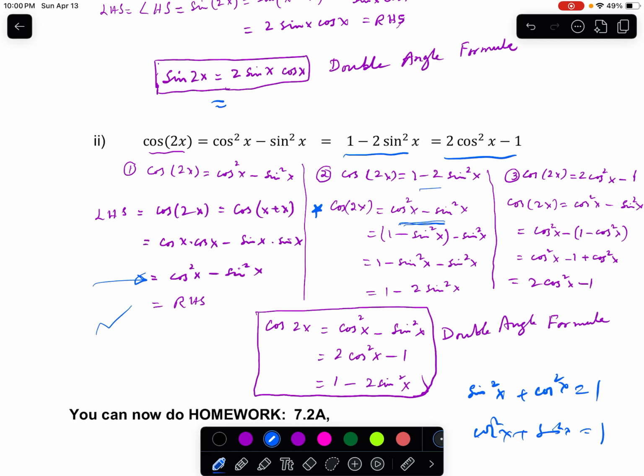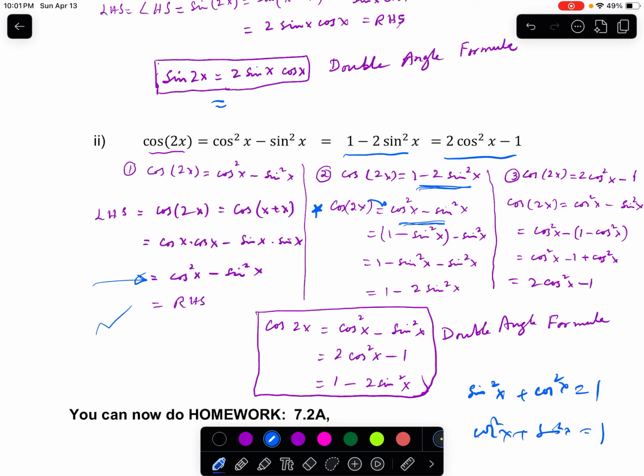So it has both cosine square and sine square, but this expression has only sine square. What does that give you as a hint? It says get rid of this cosine square. How can we get rid of it? We can use the Pythagorean identity.